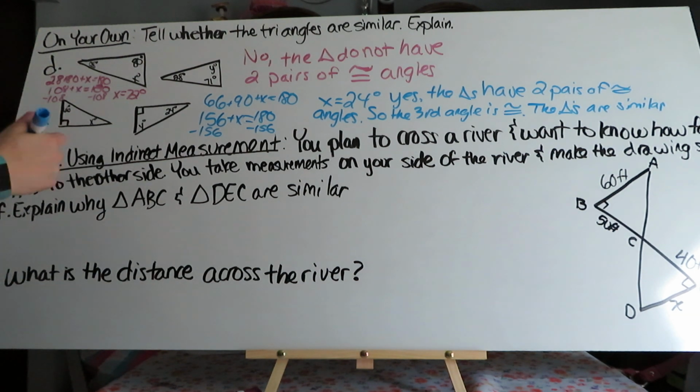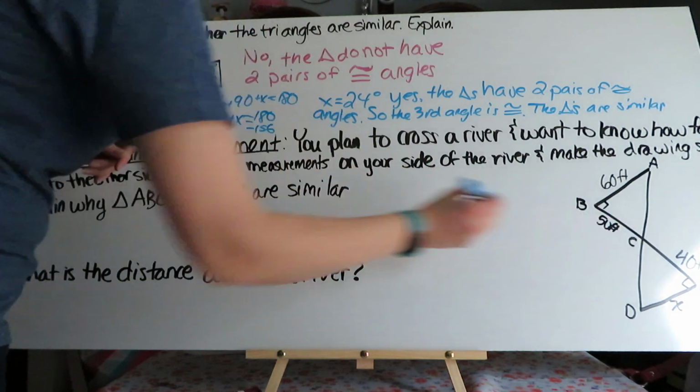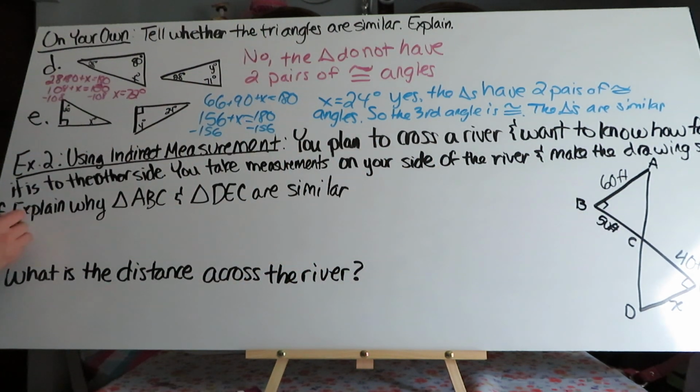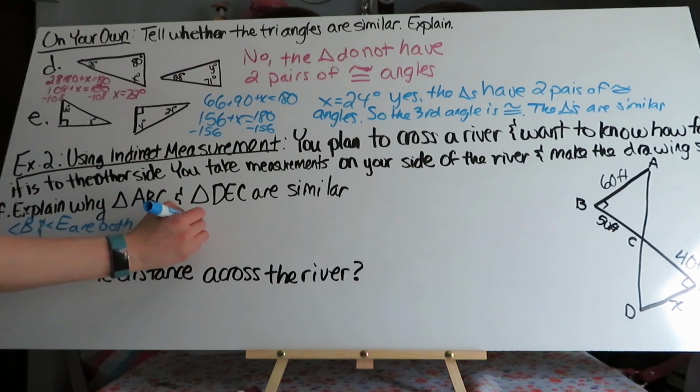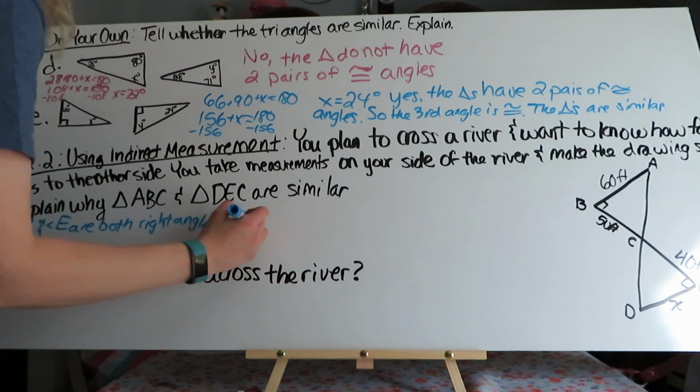Well, angle B and angle E are both right angles, so they are congruent.